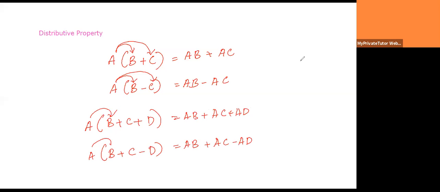Why distributive property? You might have a question, why do we need this? We are going to use this distributive property in algebra more often. Okay, so let's try it. 102 times 5. How do you solve this question? Generally you're going to multiply, right?